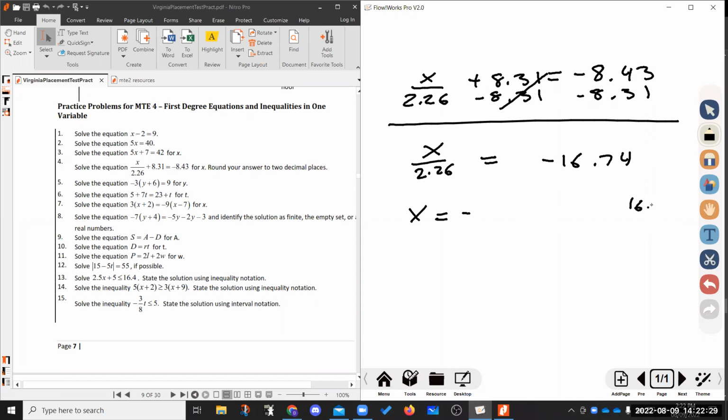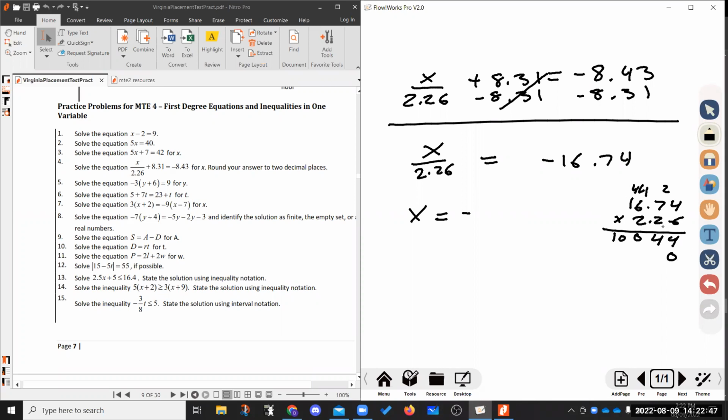16 and 7400ths times 2 and 2600ths. 24. 42 plus 4 is 44. 36 plus 4 is 40. 6 plus 4 is 10.